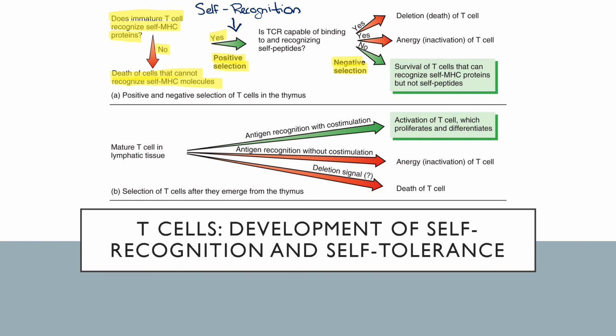Now, in this process, we have T cells capable of binding to and recognizing self-peptides. We don't want them to recognize self-peptides. We don't want them to react to self-peptides. So if they don't react, then those cells survive. So this is a process to develop self-tolerance.